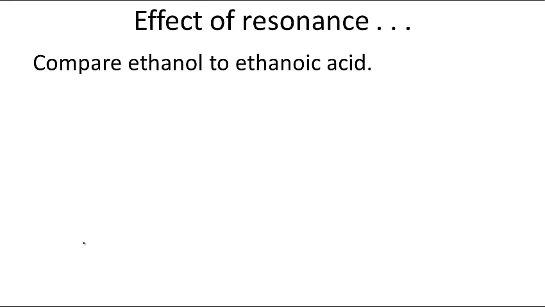So ethanol. Ethanol is this: CH3, CH2, OH. And then ethanoic acid, which is just another word for acetic acid, which we have already talked about. I don't know why I chose to say ethanoic here. This is the official name, whereas the common name, no chemist would ever actually call it ethanoic acid.